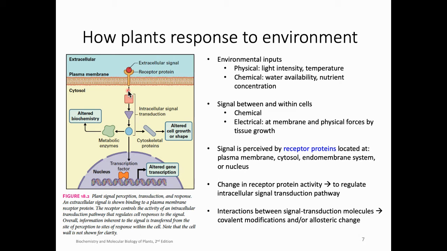For example, it can change into a different shape, and then this signal can be sent to internal signal molecules that can carry the message from one molecule to another, and that will trigger changes in biochemistry and cell shape as well.